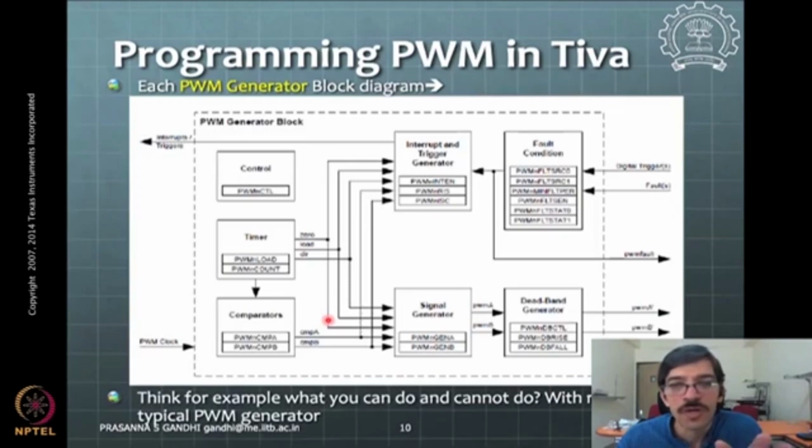This is the block diagram for the PWM generator block, and in that there are different components. There is a timer, there is a comparator, then there is something called a signal generator, and then a deadband generator, and then you will get your PWM signals out for this particular generator block.